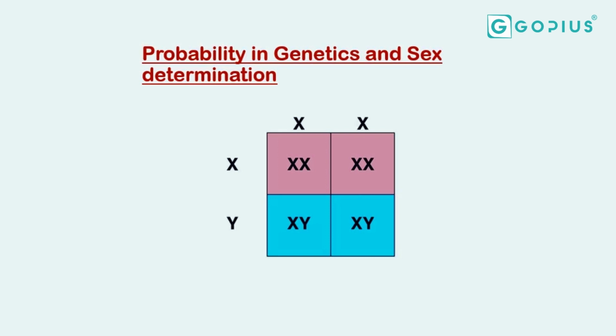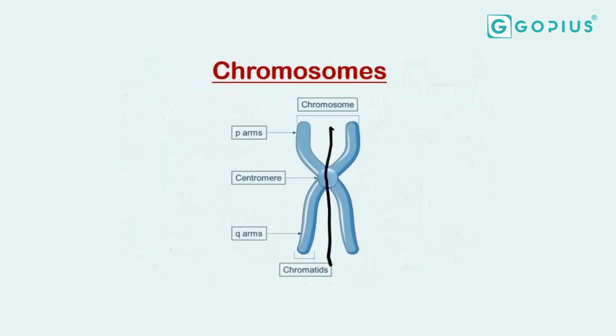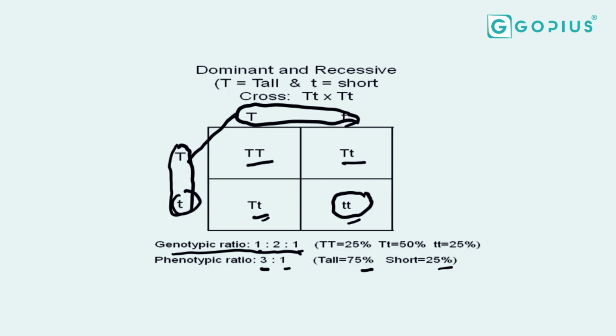So what am I trying to say? Let's go back to this diagram, the one of tallness and shortness. In the case of the homozygous dominant gene for tallness, it will always be there when you cross two heterozygous parents together, despite the fact that the recessive gene for shortness is there.